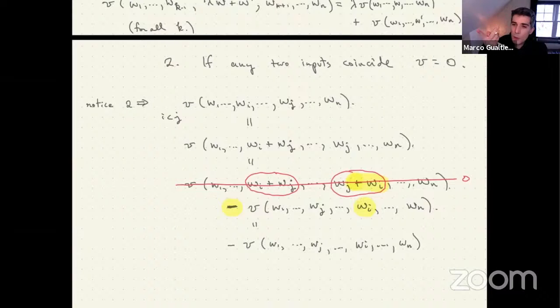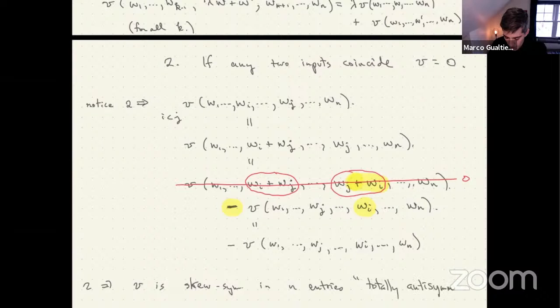If you switch two entries, you get a minus sign. So the second property implies that V is skew symmetric in the n entries. It's sometimes called totally antisymmetric. So every time you flip any two entries, you get a minus sign.